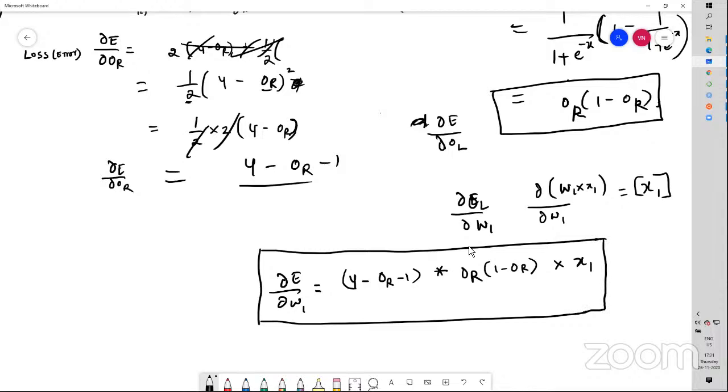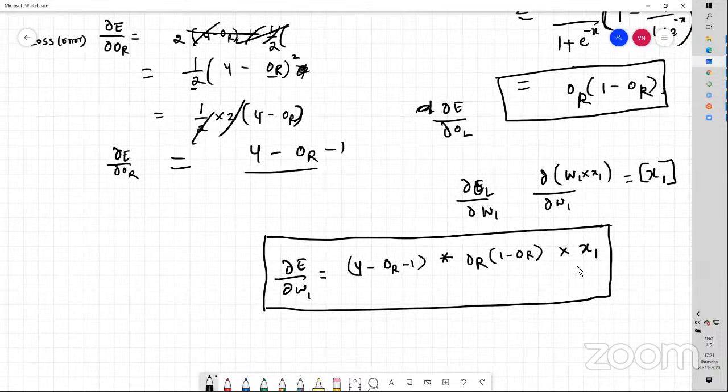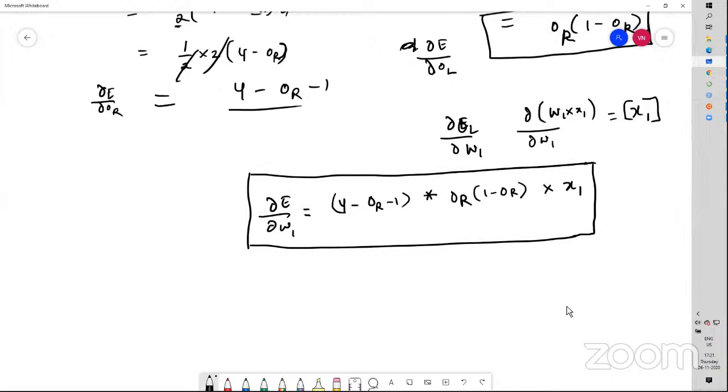And we need to write a program for this. Let's do that. Similarly, for the other two, dou E by dou W2 is equal to, again, y minus OR, minus 1, into OR into 1 minus OR, into X2.